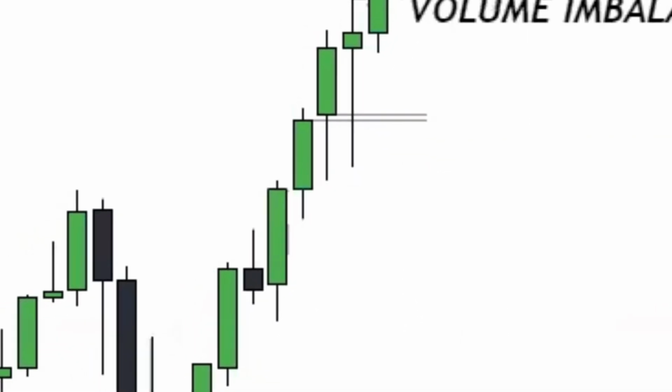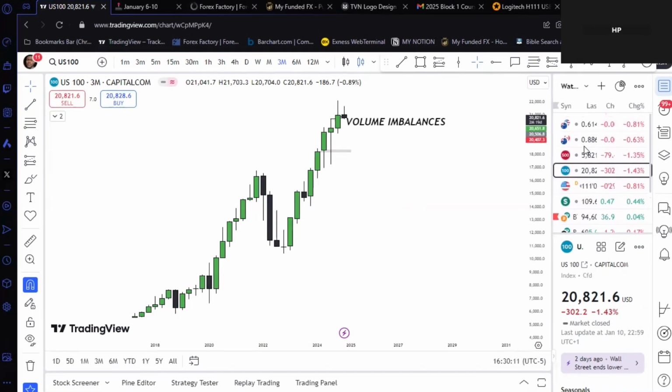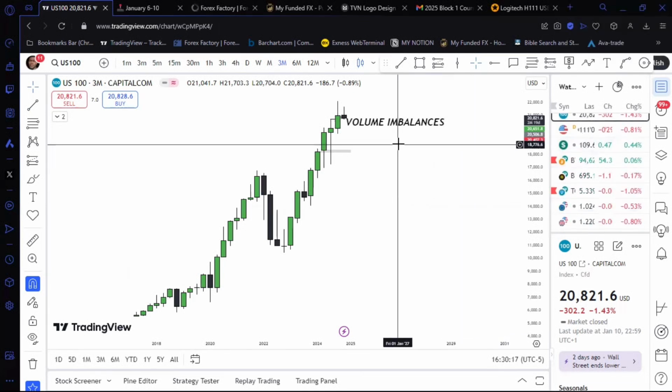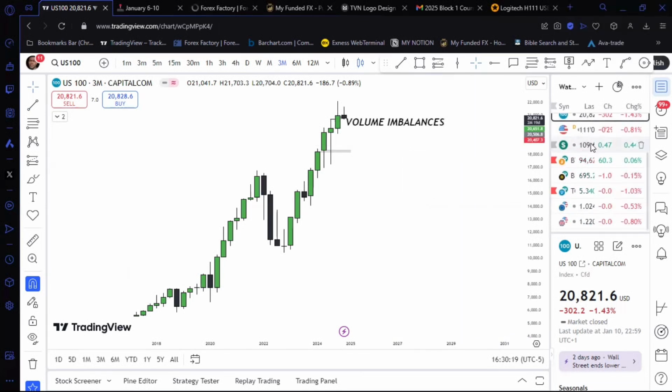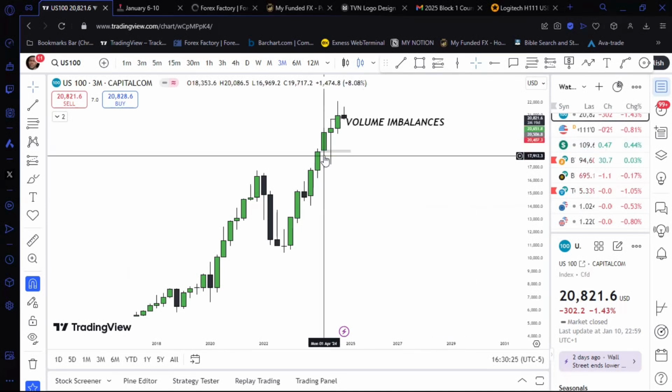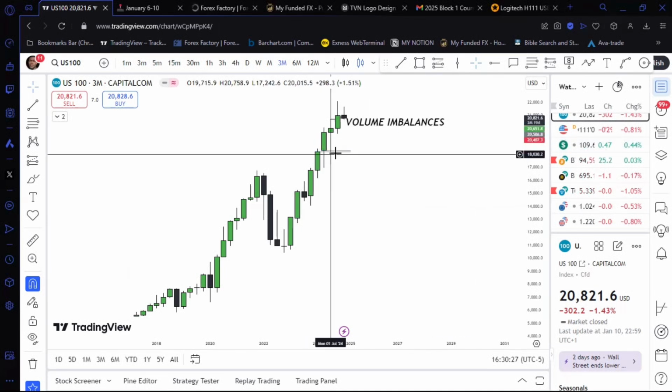Long term, we have buyers for higher prices on DXY. But that doesn't mean that we're trying to force it. On US 100 Nasdaq now, we're seeing a potential draw on liquidity.